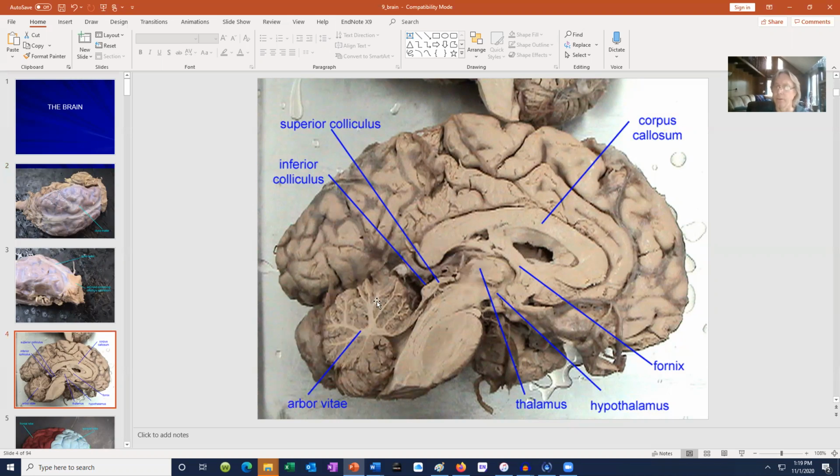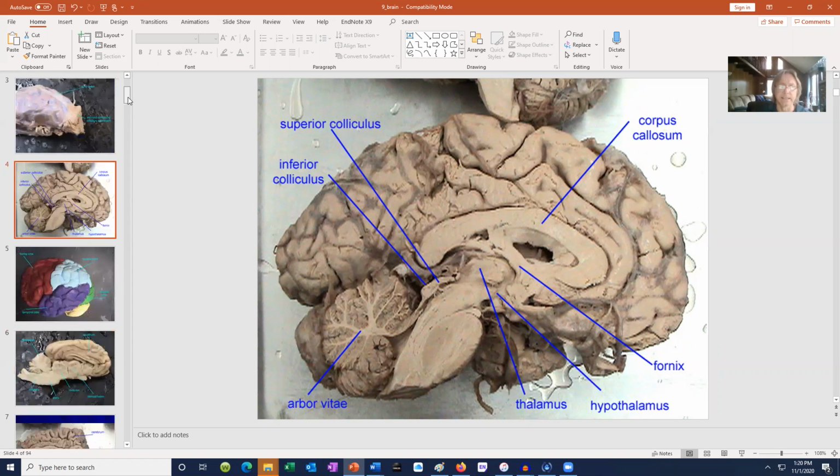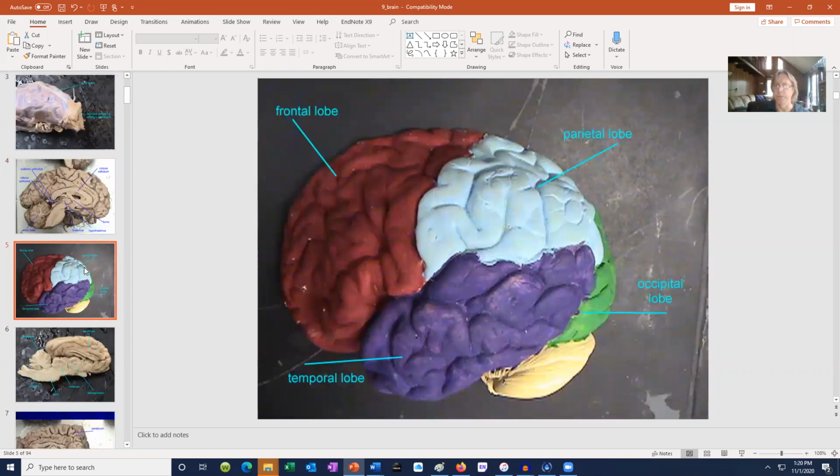And these neurons here compose about half the neurons of the whole brain. And so the cerebellum has a number of neurons far greater than its size might lead you to believe.